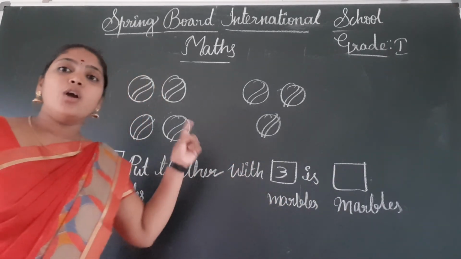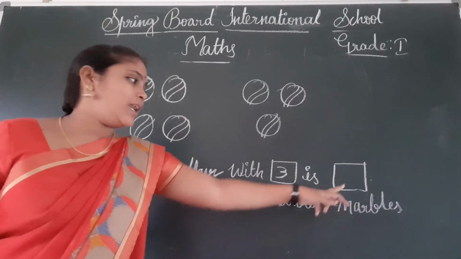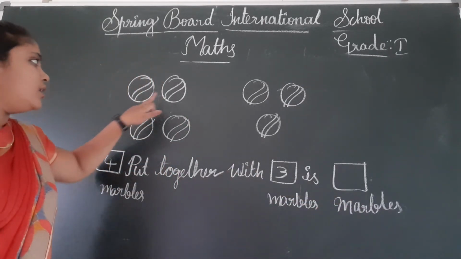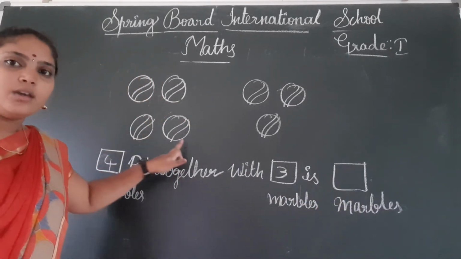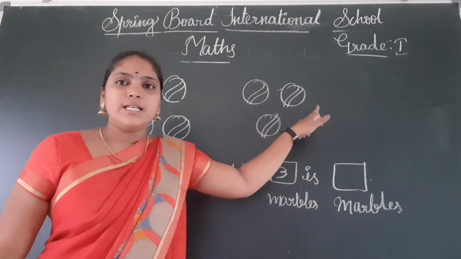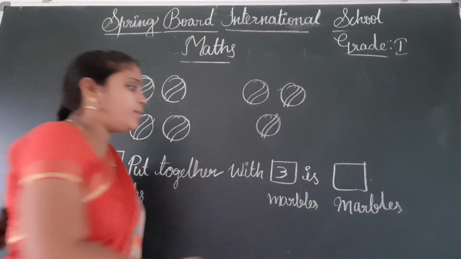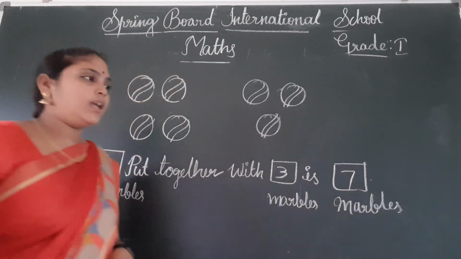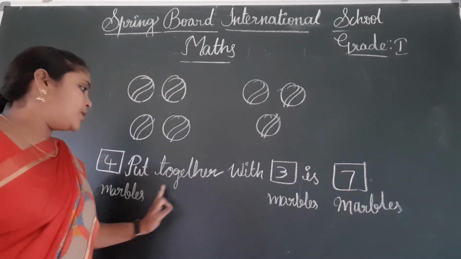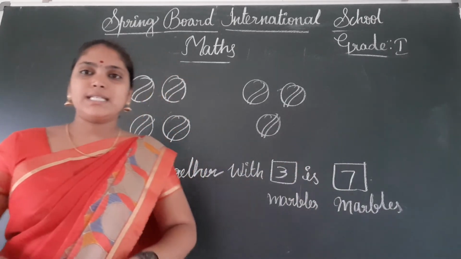Okay, let us put all the marbles and write the answer here. 1, 2, 3, 4, 5, 6, 7. Totally how many marbles, children? 7. 4 marbles put together with 3 marbles is 7 marbles.